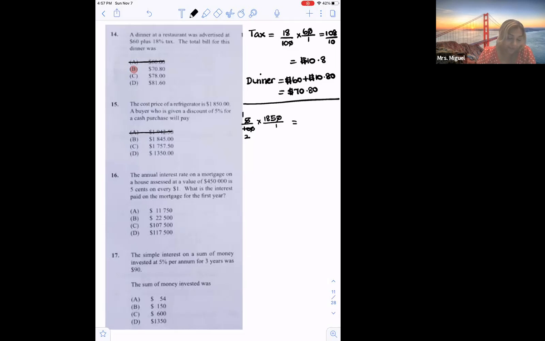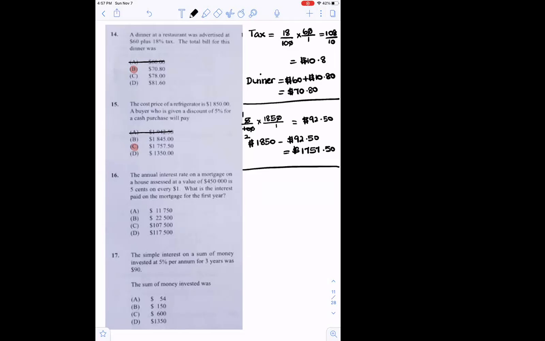And 185 divided by 2 is $92.50. So when I subtract $92.50 from $1,850, I will get 1757.50. Did you all get that?